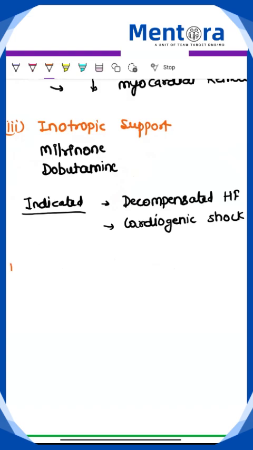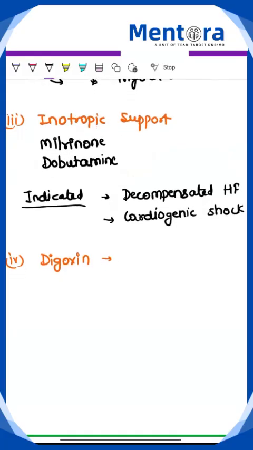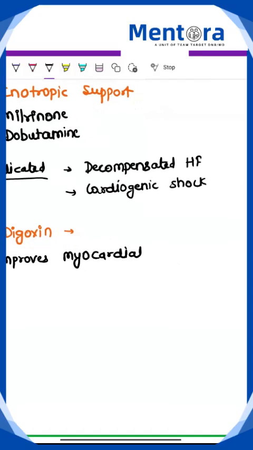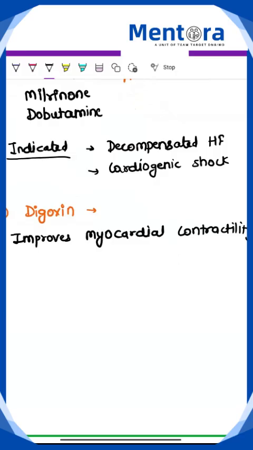Digoxin, the important drug. It improves myocardial contractility. It also controls heart rate.